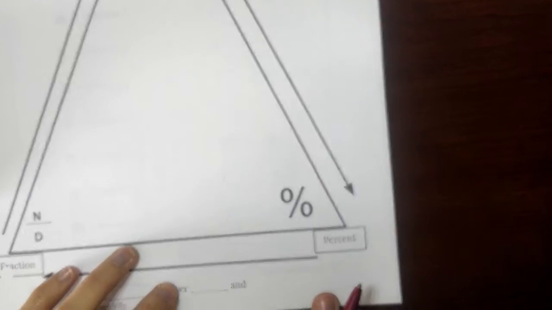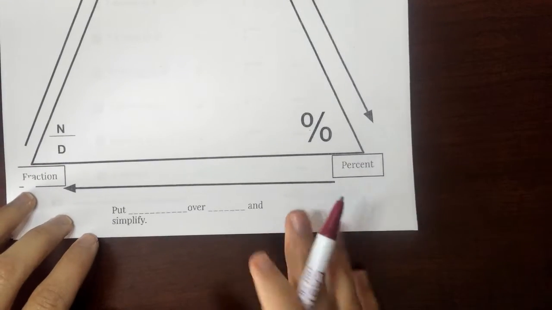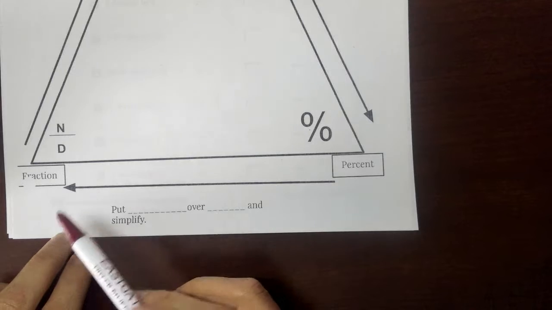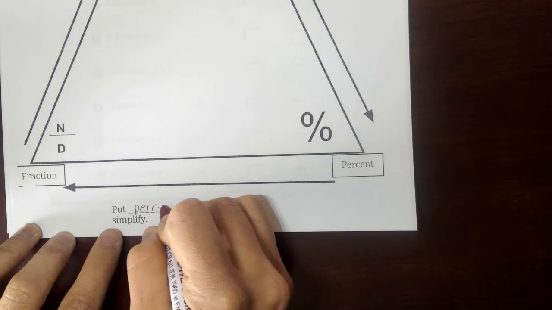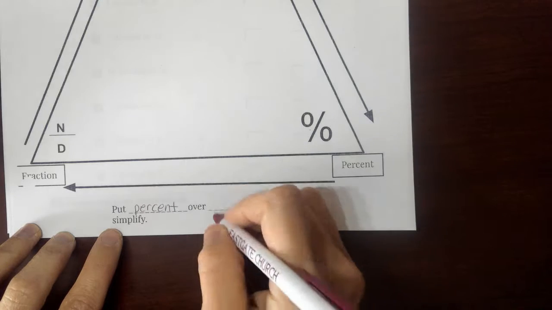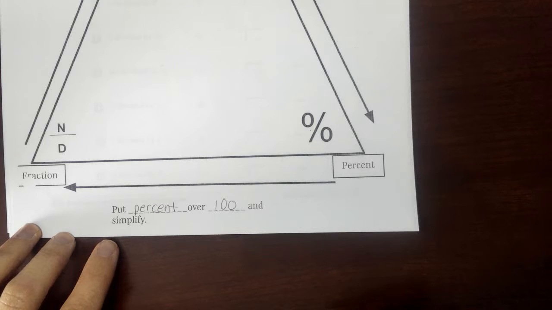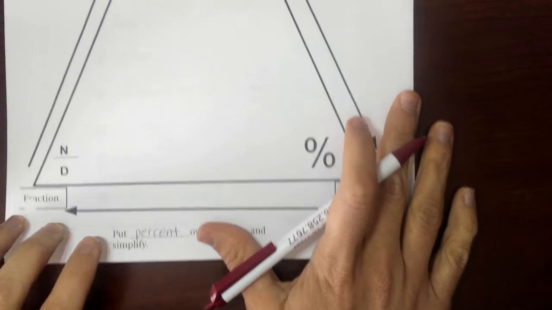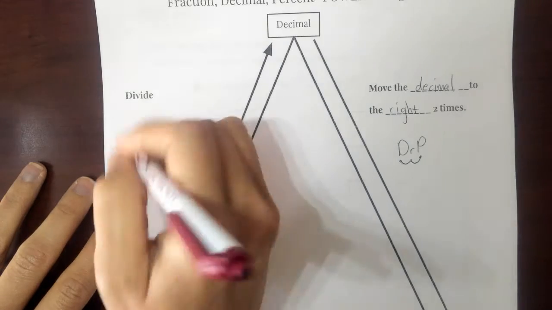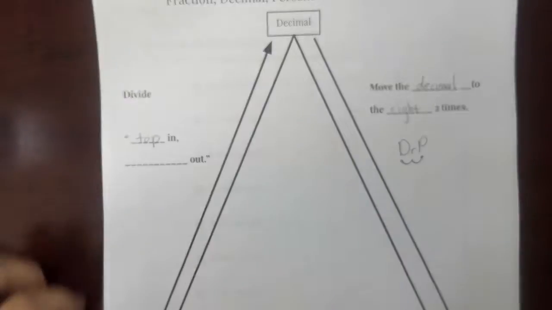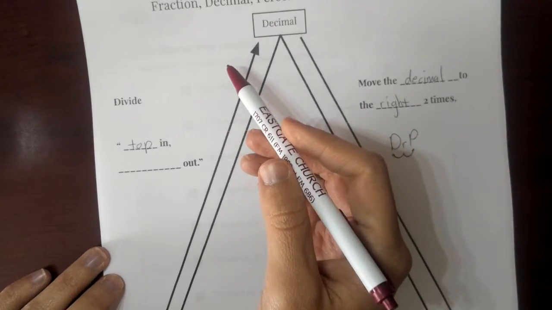And then from percent to fraction, you're going to put the percent over 100 and then simplify it. And then to get from fraction to decimal, you're going to have to divide it.